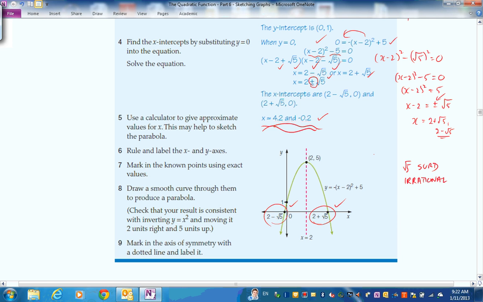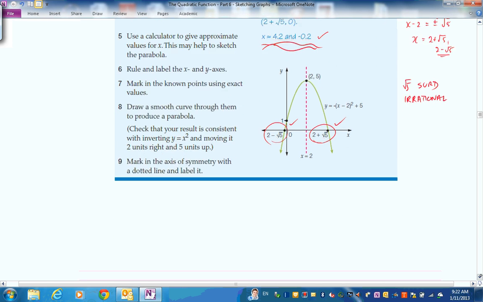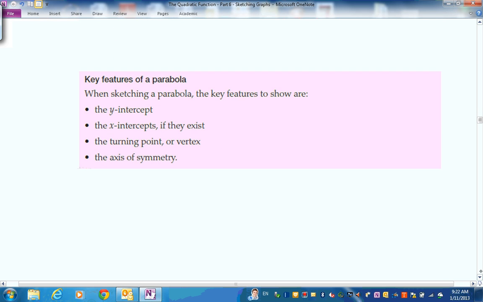Okay, I think you have the power. Let's go and use it. So remember here, key features of the parabola: y-intercept, x-intercept, turning point or vertex, axis of symmetry. And just remember, y equals ax squared plus bx plus c, that leading coefficient, if it is equal to naught, don't worry, that becomes linear, there's no quadratic function then, it's not a quadratic.